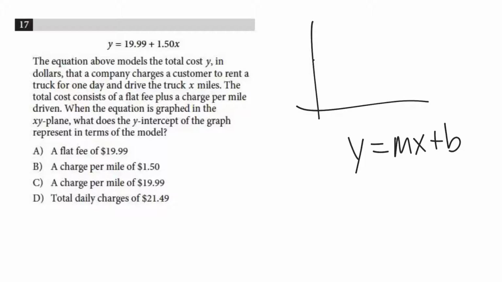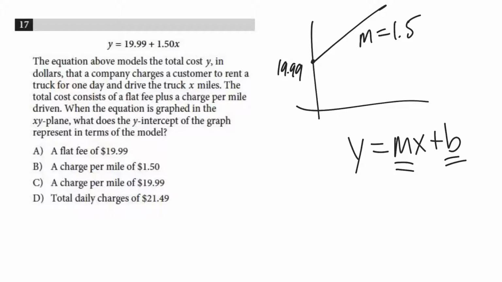All right, so m in this case is going to be our rate of change, and b is going to be our y-intercept, our starting value. So in this case, we're starting at 19.99, and we have a rate of change of 1.5, or $1.50.